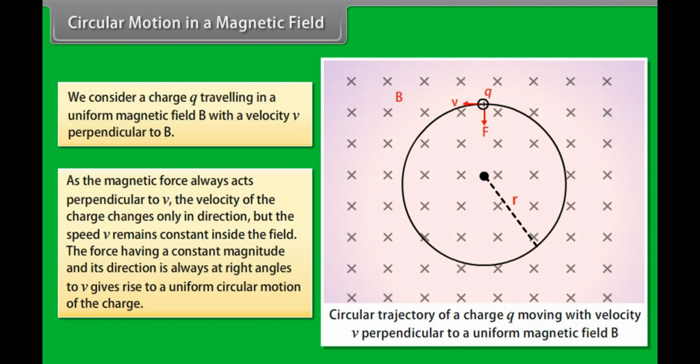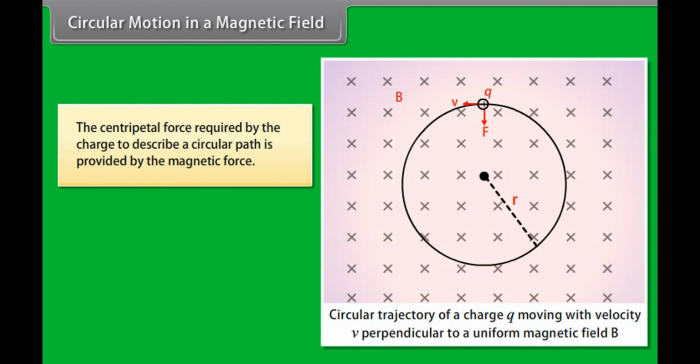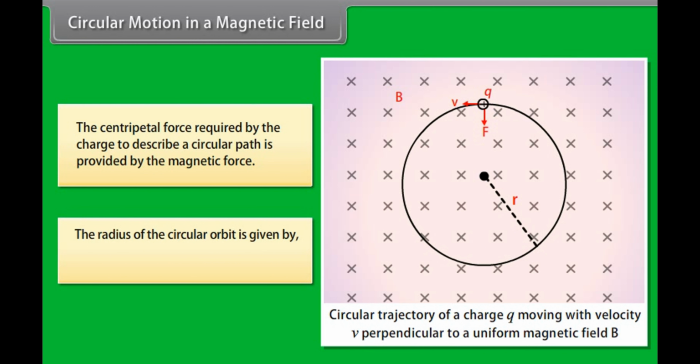The force, having a constant magnitude and a direction always at right angles to v, gives rise to a uniform circular motion of the charge. The centripetal force required by the charge to describe a circular path is provided by the magnetic force. The radius of the circular orbit is given by mv divided by qB.